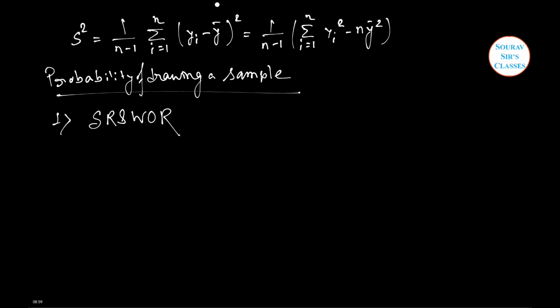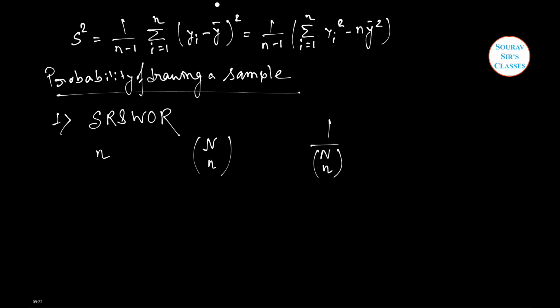If n units, small n units, are selected by SRSWOR, the total number of possible samples is capital N choose small n. So the probability of selecting any one of these samples is 1 by N choose n.